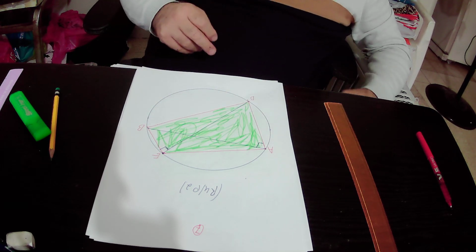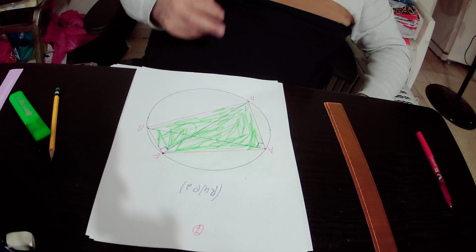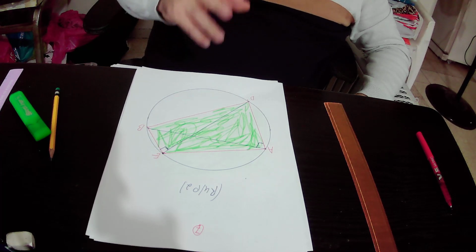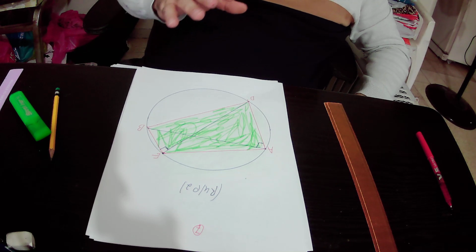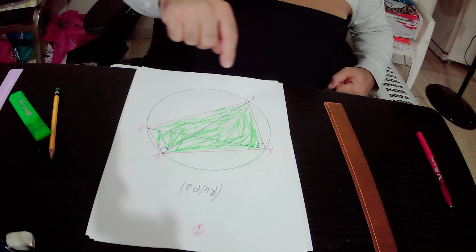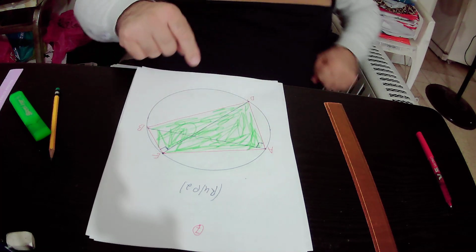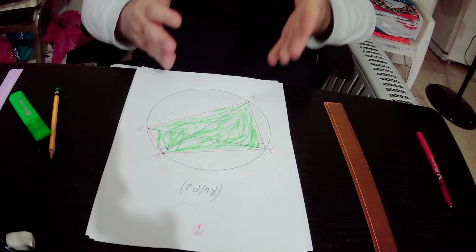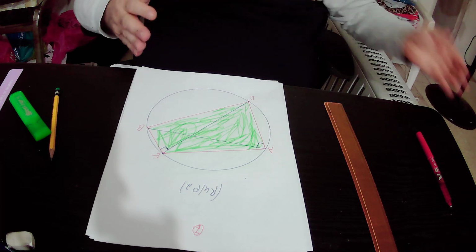So whenever we have a quadrilateral that is inscribed by a circle, we can implement rule number 3 in that drawing. Because we have quadrilateral AEBD that is inscribed by this blue circle, we can implement in this drawing rule number 3.